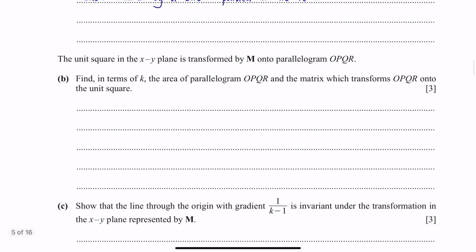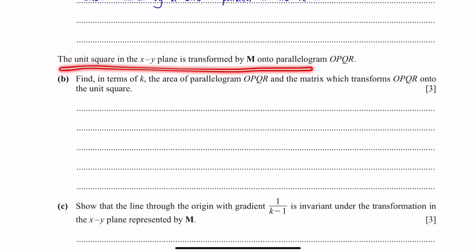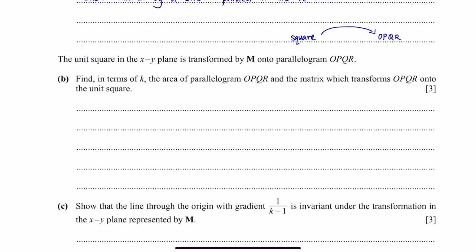For part B, you need to find the area of the parallelogram and the matrix that transforms OPQR to the unit square. So what it says here means that there's a square that is transformed by M into OPQR. So this is by M, and the area of the unit square is just 1. What it means by unit square is that the area is 1.